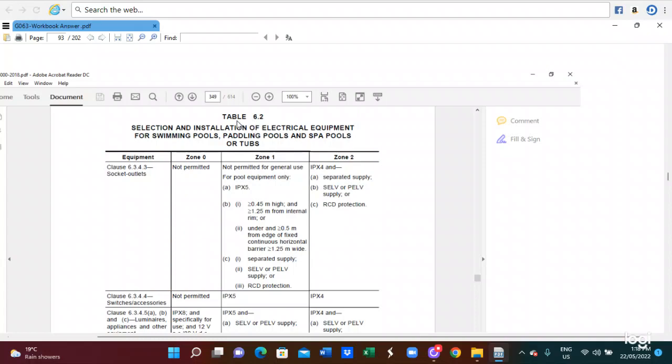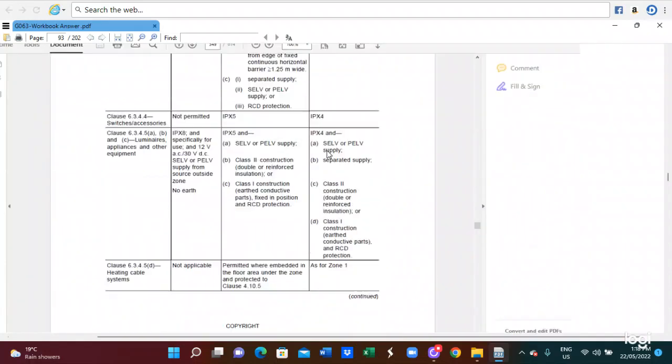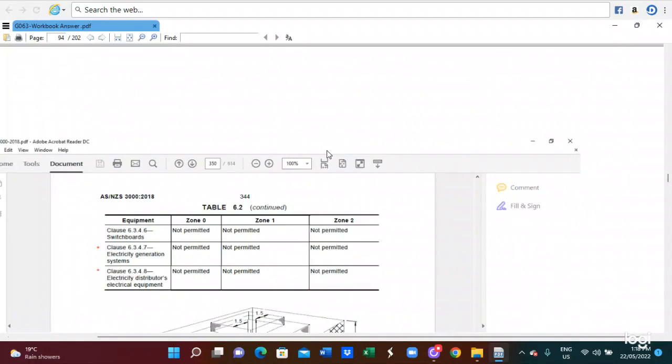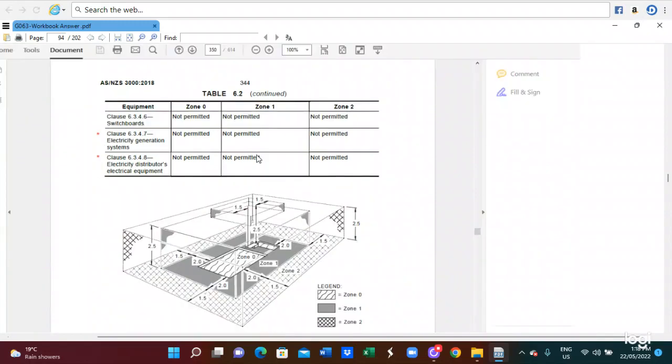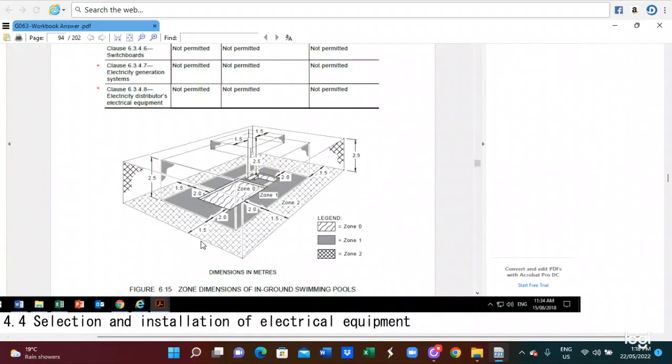So we have to refer to table 6.2. Also, you see figure 6.15 of the AS 3000, 2016 edition. You can see that this is the diagram of the zones. Why is it zone 0? Why is it zone 1, zone 2? You can read in this diagram.